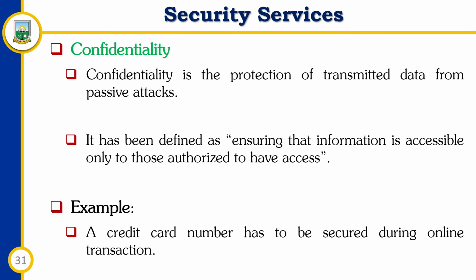Of course, the numbers that we put in to purchase things online need to be secured in such a way that attackers will not be able to steal such numbers and also use them to conduct other transactions on different sites.